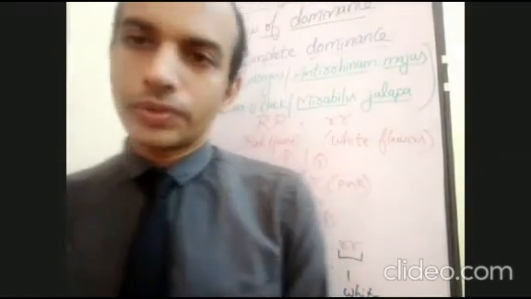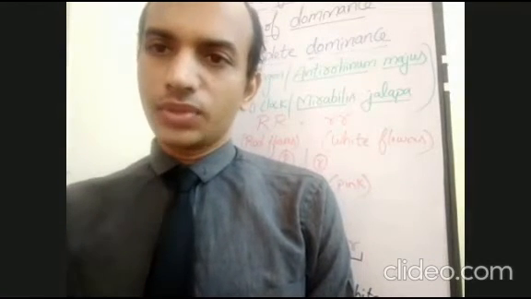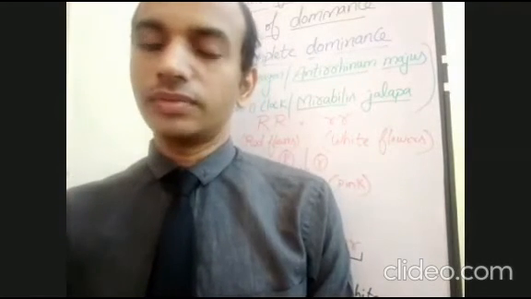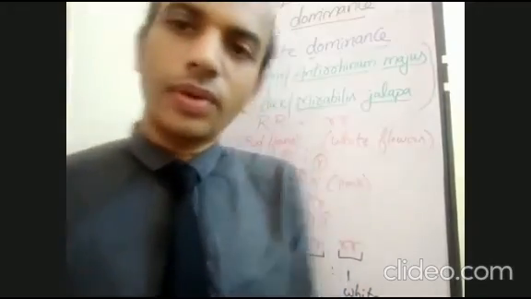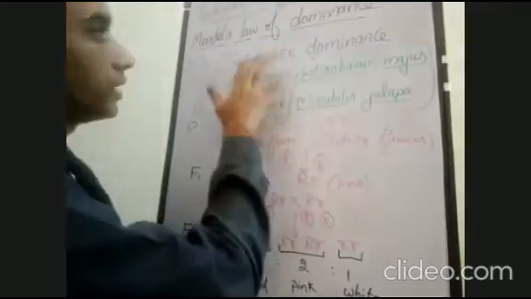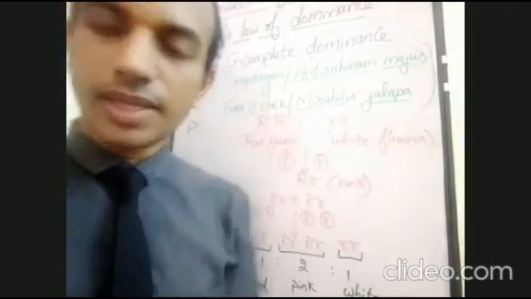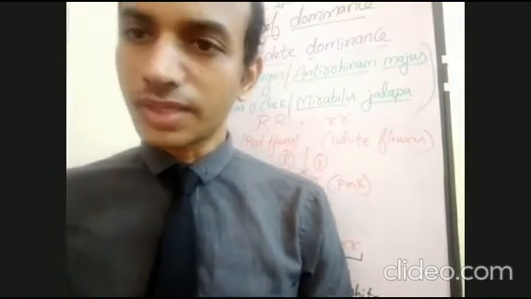Mendel's laws hold good in most cases, but there are some situations, some examples, where Mendel's law is not applicable. So these are what we call deviations from Mendel's law. Here I'm discussing an example where Mendel's law of dominance is not applicable.